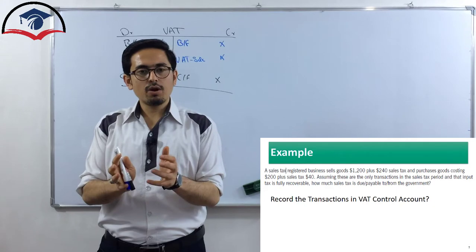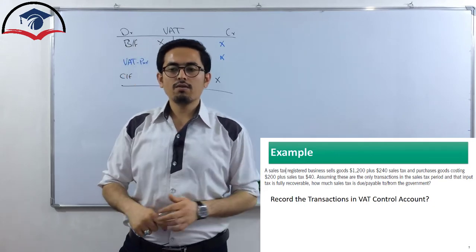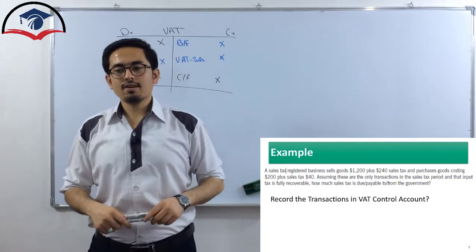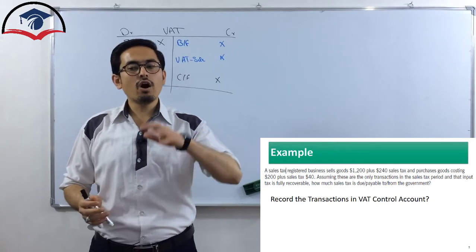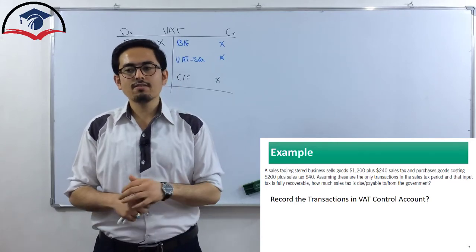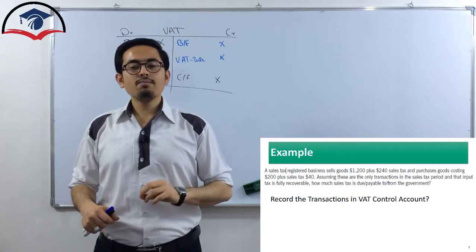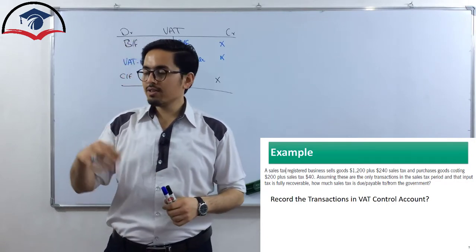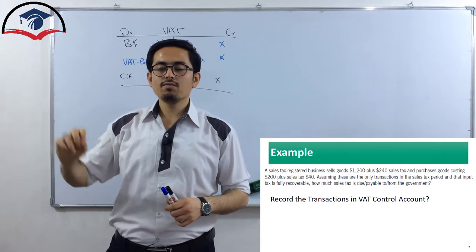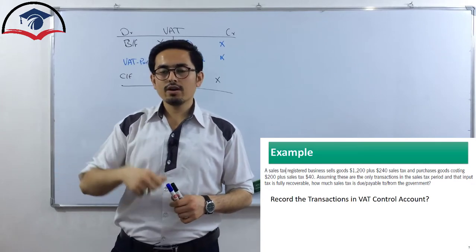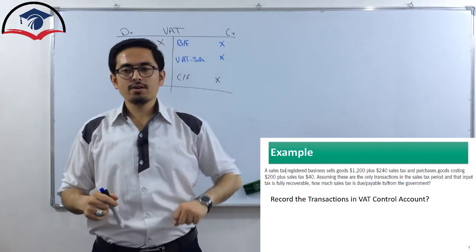The net price was $200. $40 was the sales tax. Assuming these are the only transactions in the sales tax period, and that input tax is fully recoverable. What he has paid for the purchases is fully recoverable from the government.